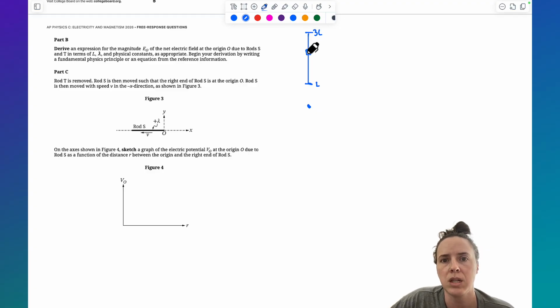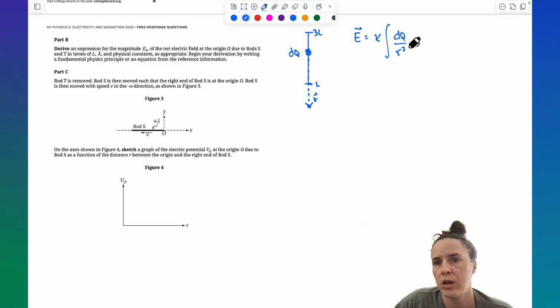Here's my origin. Okay, so I'm going to set it up. I'm going to have my little dq. Here's my little dq. Here's my little r vector coming down to the origin. Because remember, if I want to derive my electric field from scratch, that's going to be k, or 1 over 4 pi epsilon naught. I like k personally. And that's going to be k dq over r squared r hat.